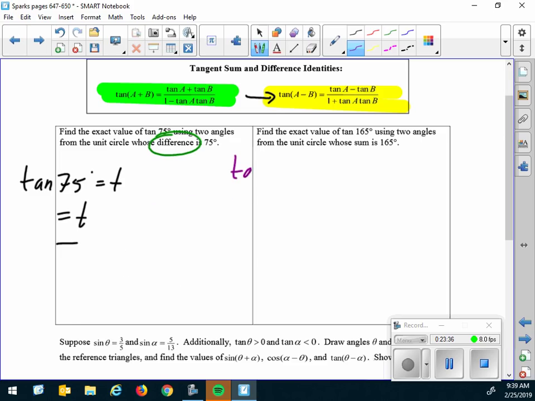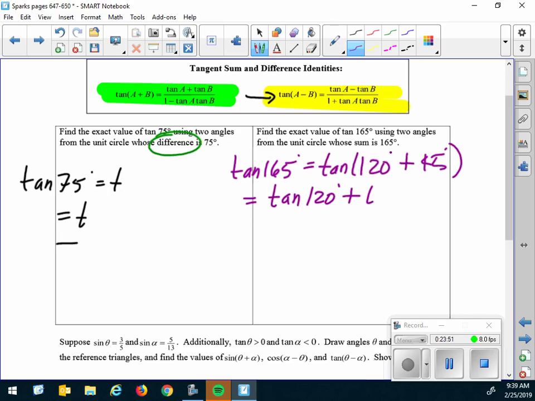So the tangent of 165 degrees is the tangent of 120 degrees plus 45 degrees. So I'm using the plus one. So this is the tangent of 120 degrees plus the tangent of 45 degrees divided by 1 minus the tangent of 120 degrees times the tangent of 45 degrees.